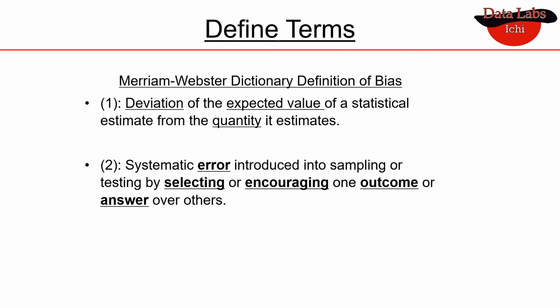Next, we have systematic error introduced into sampling or testing by selecting or encouraging one outcome or answer over others. Now, this is an example that everyone is probably more familiar with, and you'll understand more after I give you this example. Let's say there's a statistician who is trying to get an understanding of the number of sick people versus not sick people in a particular population.